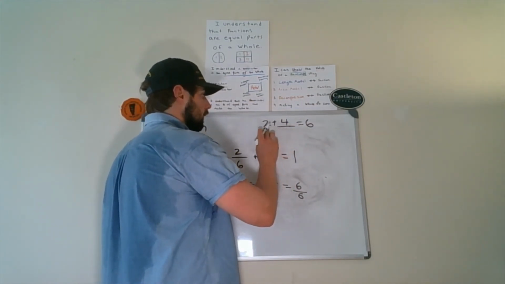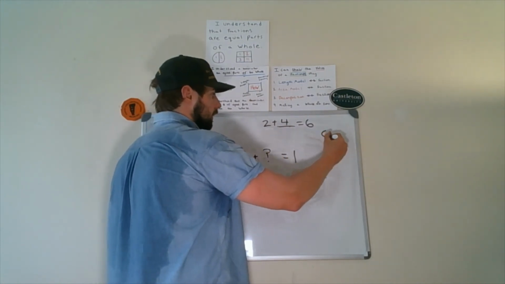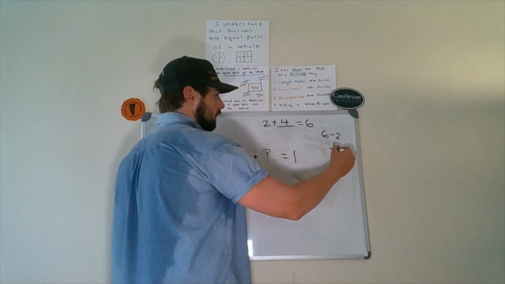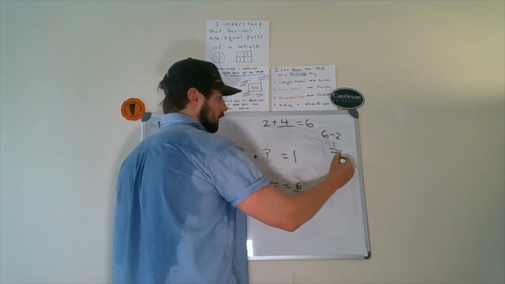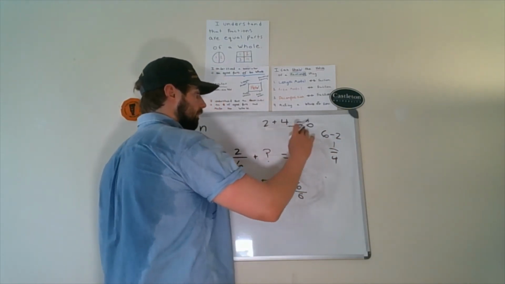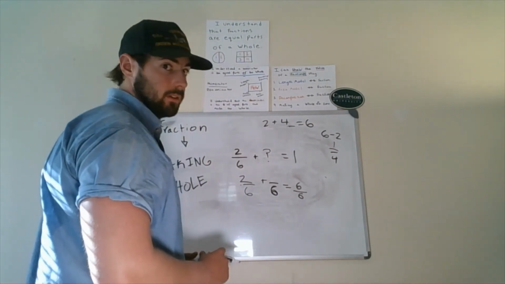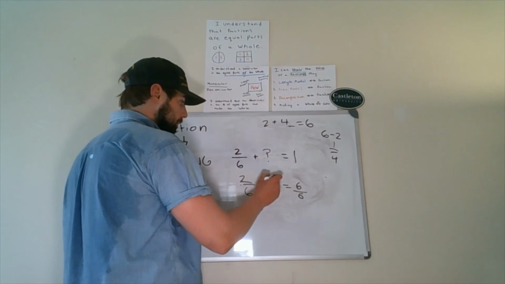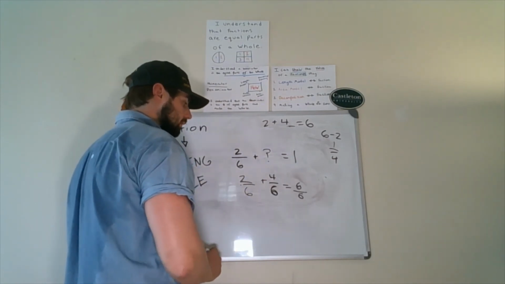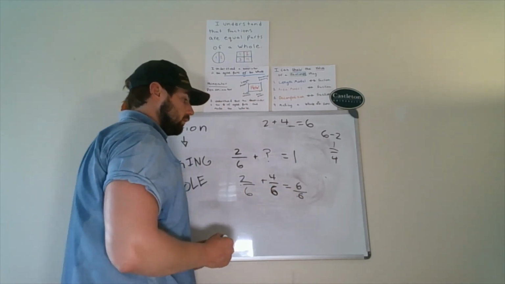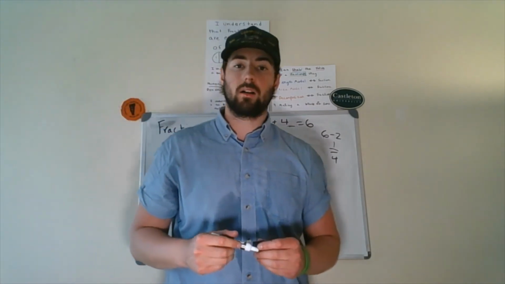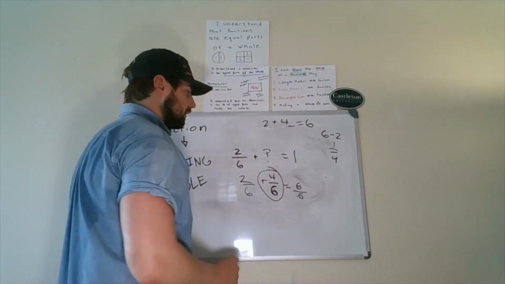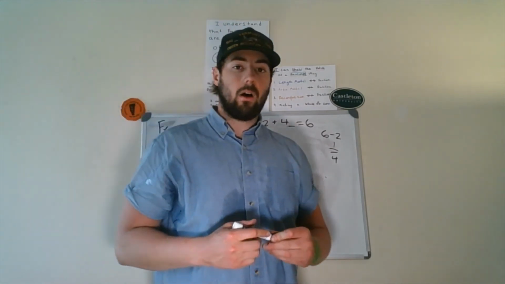Or I could have subtracted 2 from 6 to get 4 when I'm finding unknowns. Different lesson. So, 2 parts plus 4 parts equals 6 parts. I know denominators don't change. That is the parts that make the whole. 2/6 plus 4/6 will make that whole.